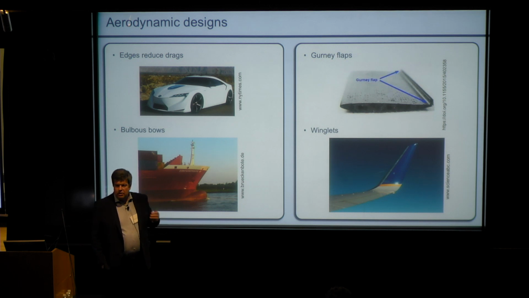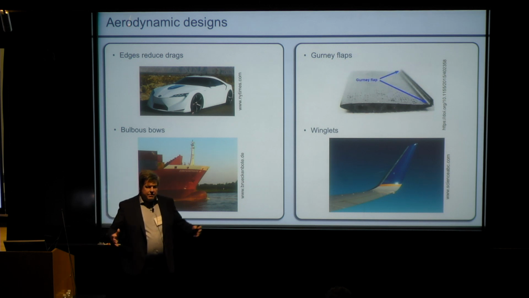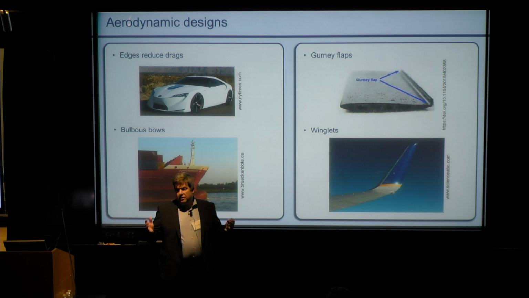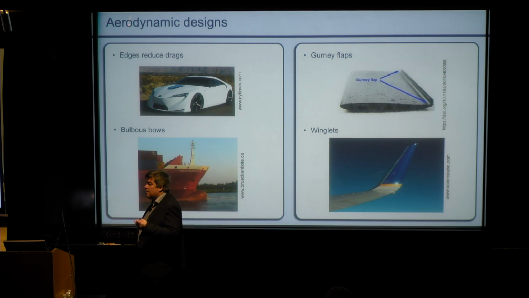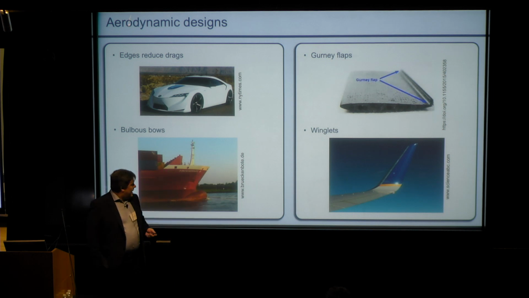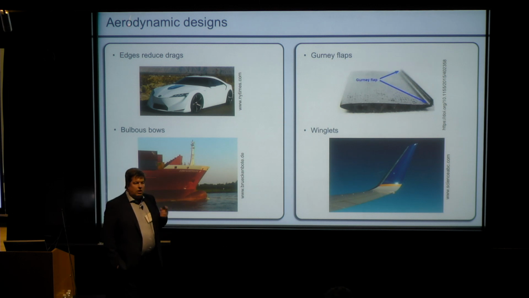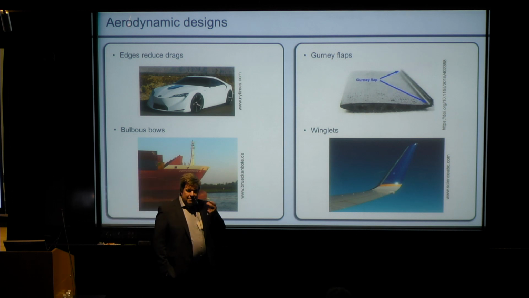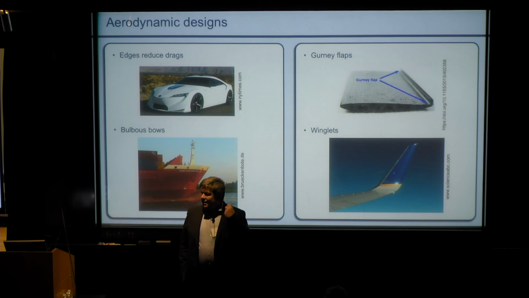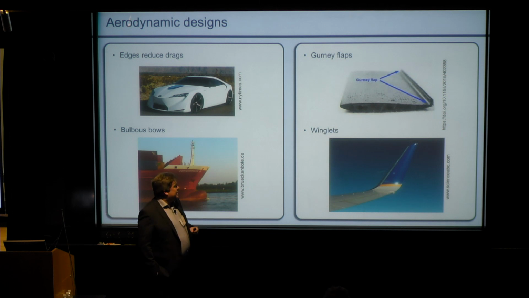It reduces the amount of waves that go around the ship and makes the ship consume about 10% less fuel than it would otherwise. And it's not something that was worked out through computational fluid dynamics, but rather by looking at dolphins and their noses and matching how their noses look. They thought, well, let's put this thing there, it might help, and it does.